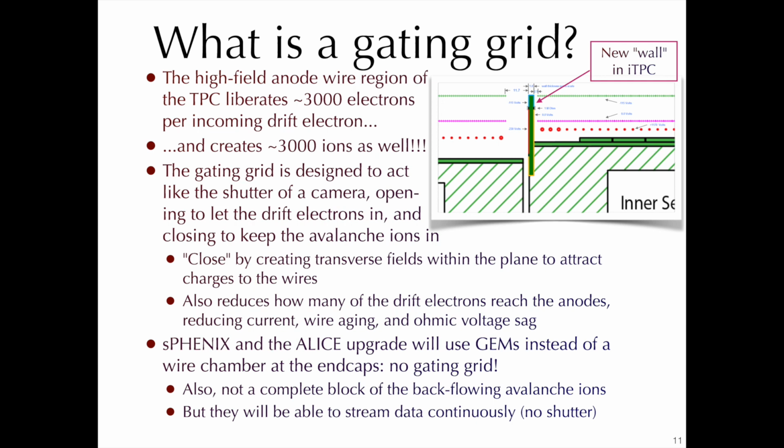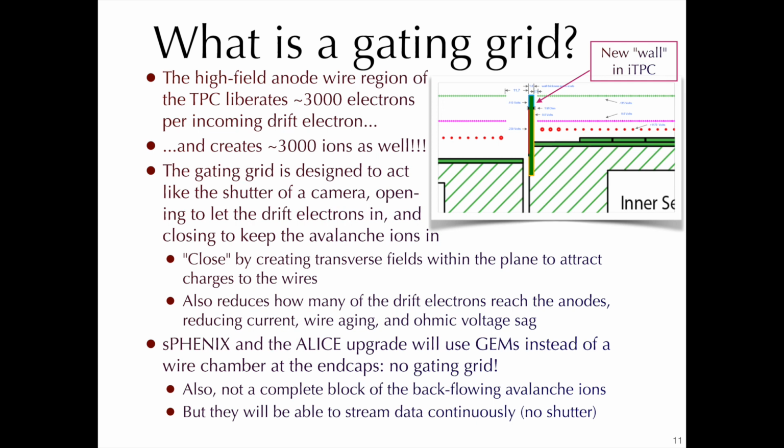And the reason why the picture is separated into a left half and right half is because the outer TPC sectors are actually engineered slightly different from the inner TPC sectors. And the inner and outer TPC sectors are actually separate units of hardware that can be moved around independently.